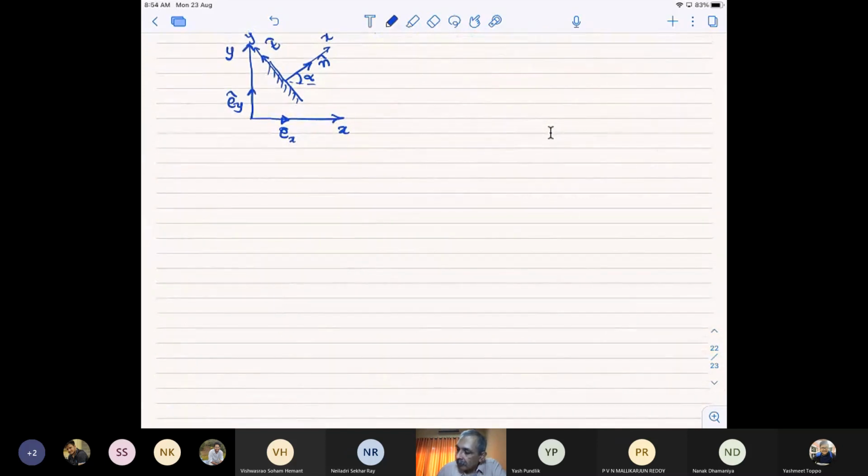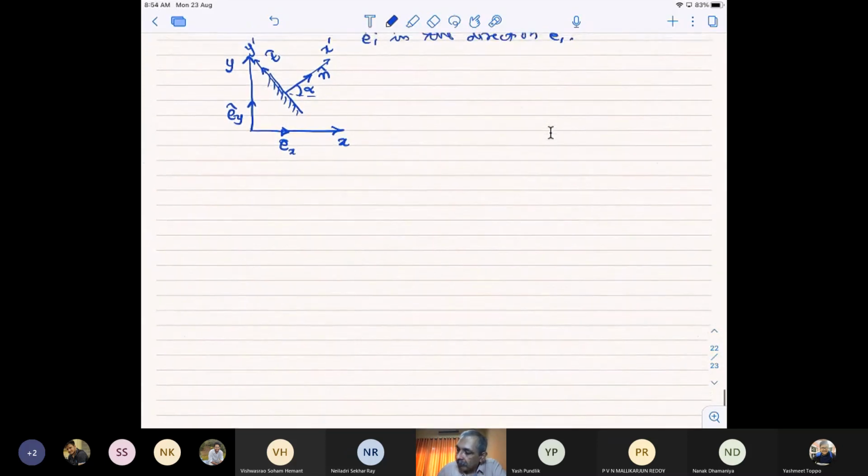So in this coordinate system, it's easy to see that the normal vector n, if we just do a little bit of geometry, you will see that n is just cos alpha Ex plus sin alpha Ey.